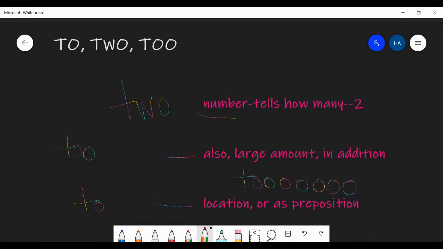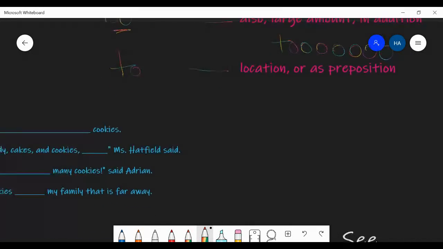So you always have extra. Or if I want a cookie and you want one too, there's two of us, we want one also. Okay, so we have T-W-O, which is the number, T-O-O, which means also or a large amount, or T-O, which is a location, or it can be used as a preposition.